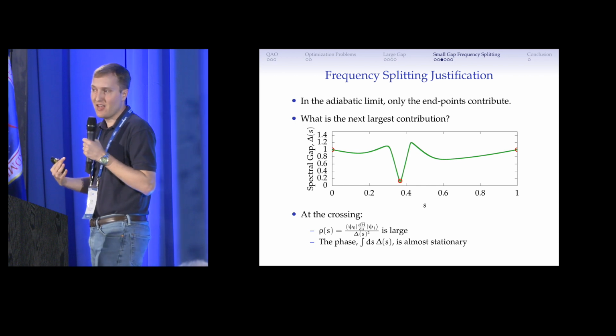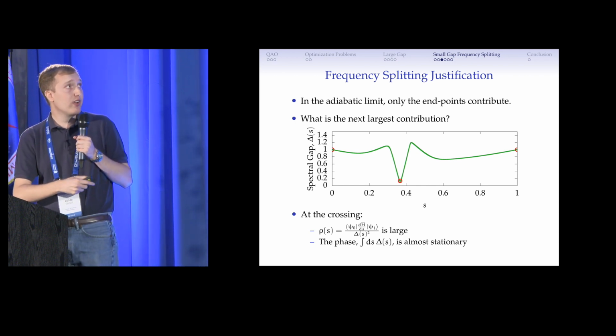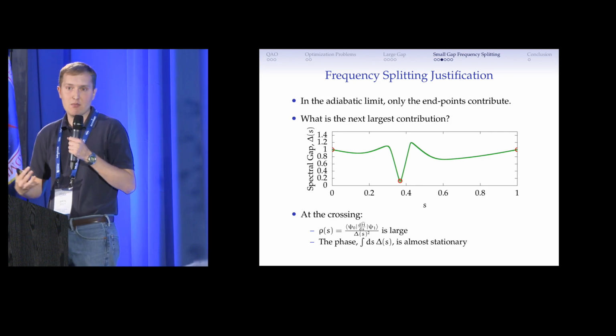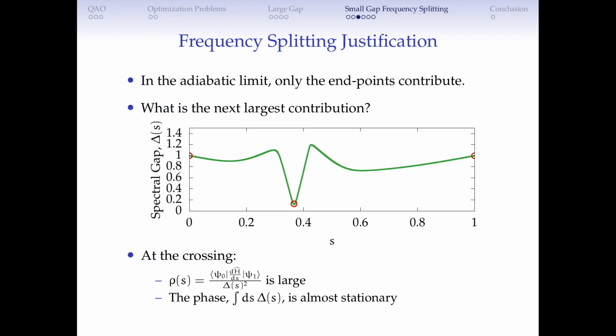There's some actual mathematical reasons for this. Rho, which is, again, that adiabatic condition parameter that I talked about, is becoming large. And in the math, that's actually coming into an oscillatory integral and becoming important. And that oscillatory integral also has a phase that's determined by the integral of the spectral gap.